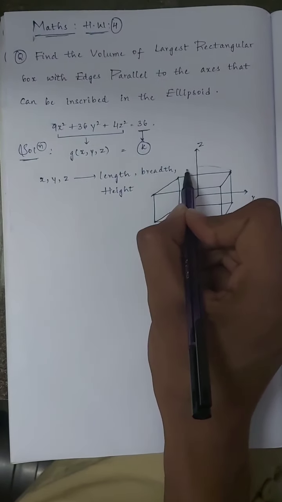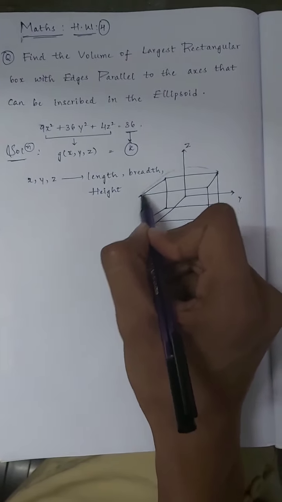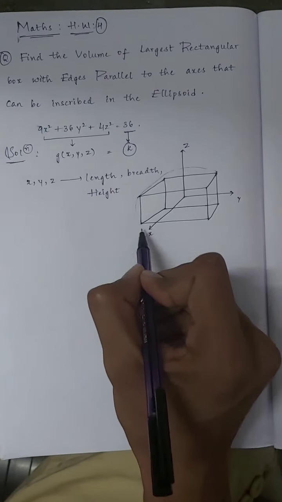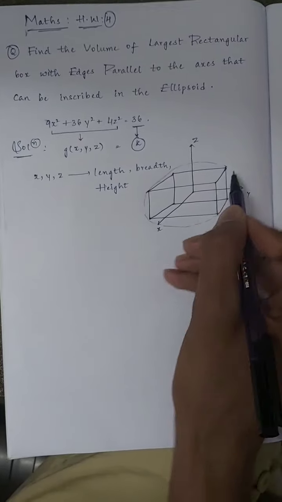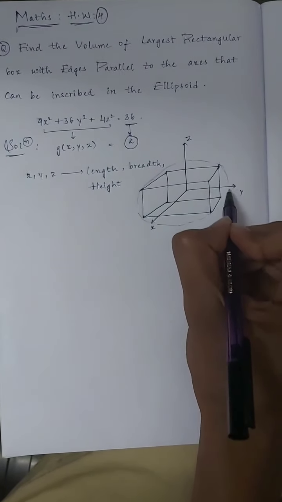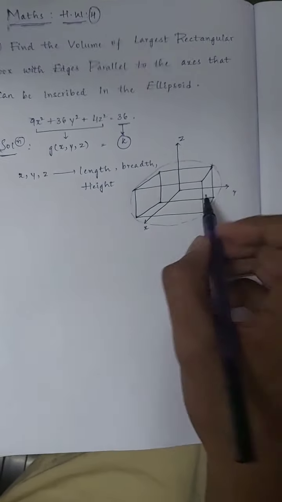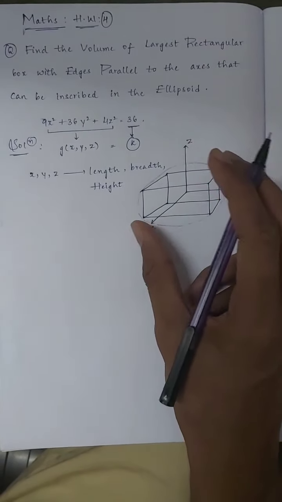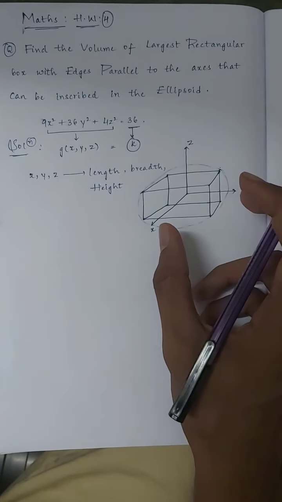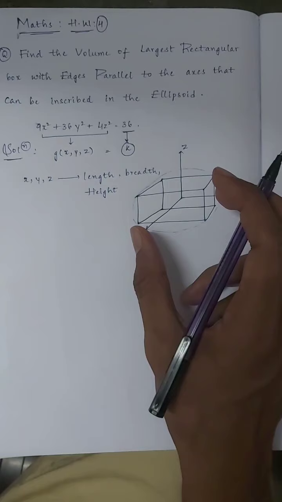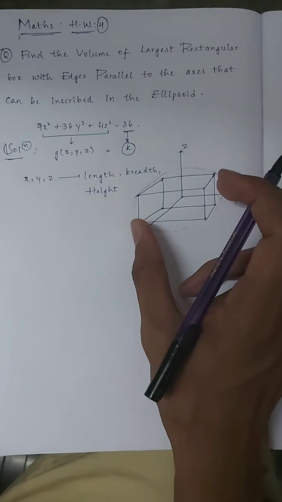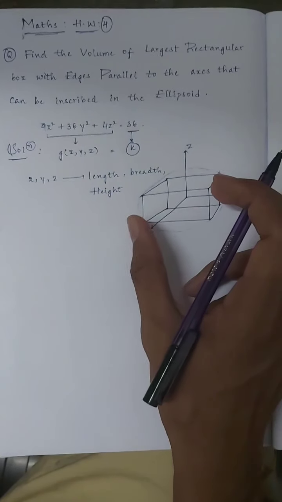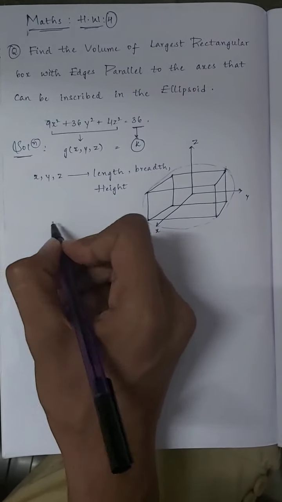Ellipsoid is something like an ellipse shape, but in a three-dimensional manner. So it would be something like an oval. I am unable to draw this on paper, but it would be a three-dimensional shape. The ellipsoid will inscribe the rectangular box.